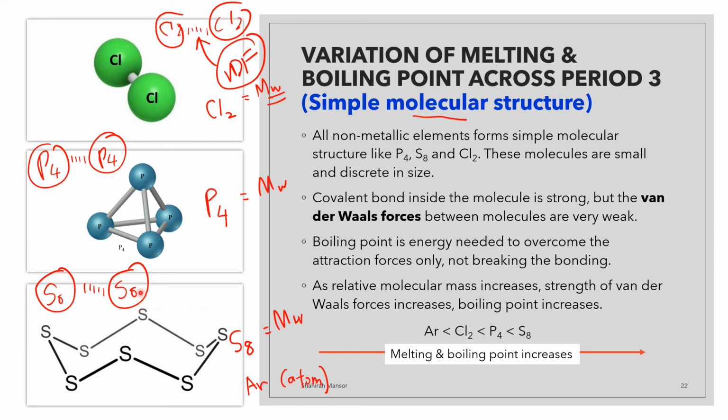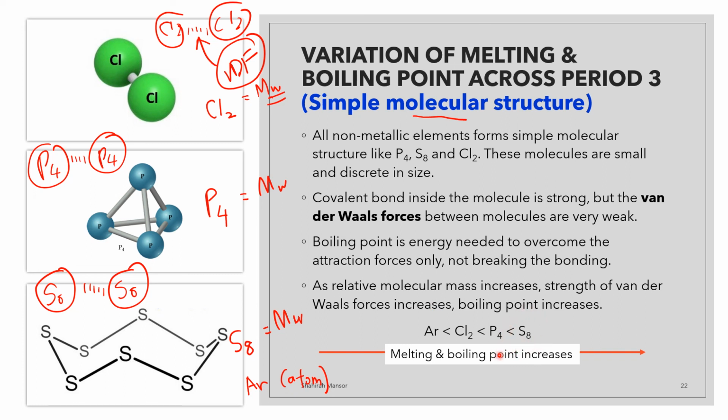Okay, so untuk susunkan boiling point untuk molekul Cl2, P4, S8 dan juga Ar, okay, awak kena identify dahulu the molar mass of this atom and the other molecules. The one yang having greater relative molecular mass akan having stronger van der Waals forces and their boiling point will be the highest.